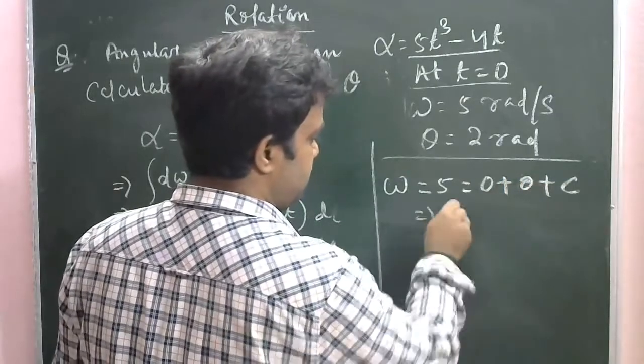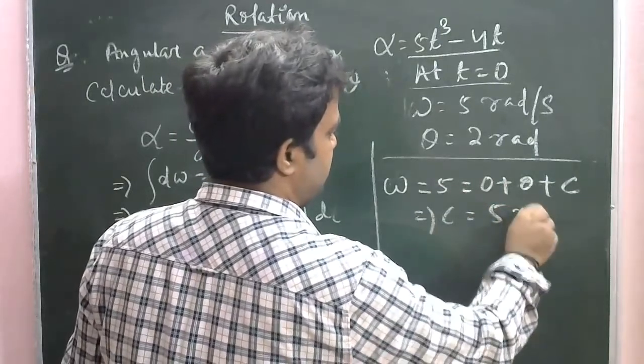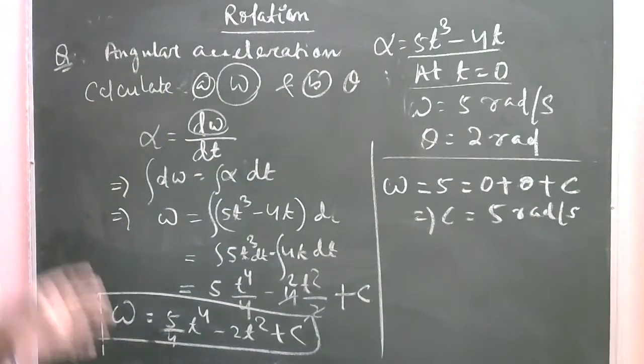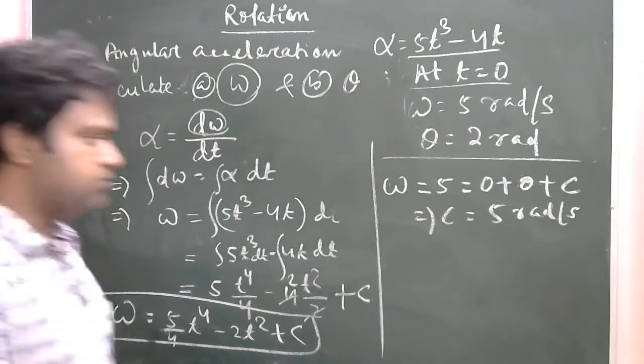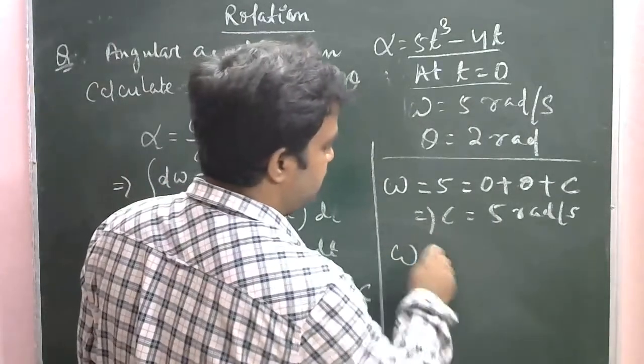Or you can say c is equal to 5 radian per second. Now your omega will become a function of t.